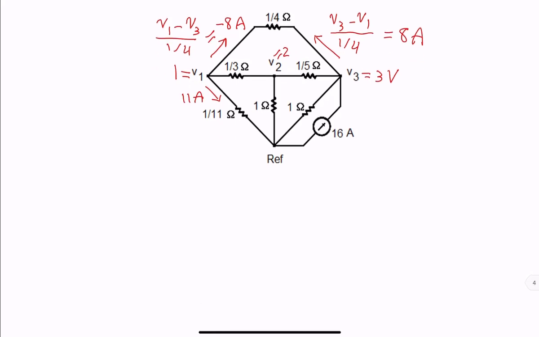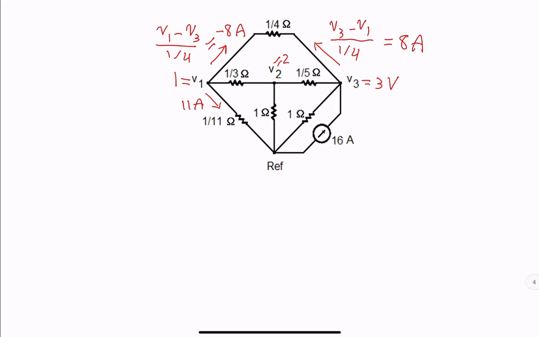So currents, powers, anything the unknown of the problem is, is straightforward to find after we have the nodal voltages.